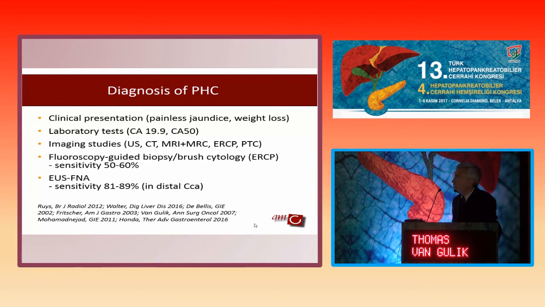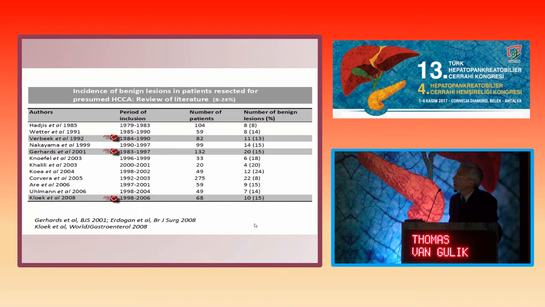EUS, I think, has potential, and there are reports which show a very high sensitivity, but that is very operator dependent, and I think it is difficult to use systematically in patients with a hilar cholangiocarcinoma.